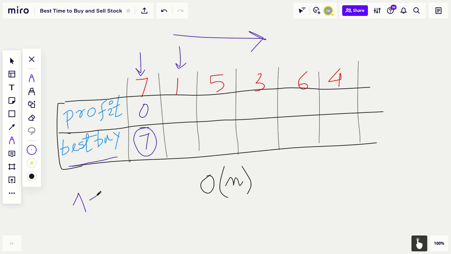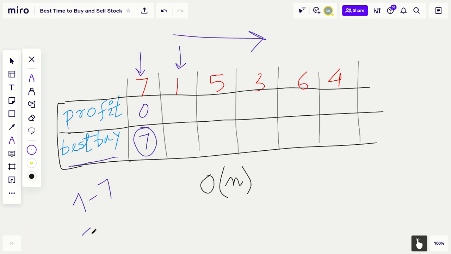So the current price minus buy price. Why? Because you have bought at the price stored in the variable buy price. Okay, so that is your fund going out of your pocket, so that is why this negative sign, that is why we need to subtract. Okay, so this gives you -6.